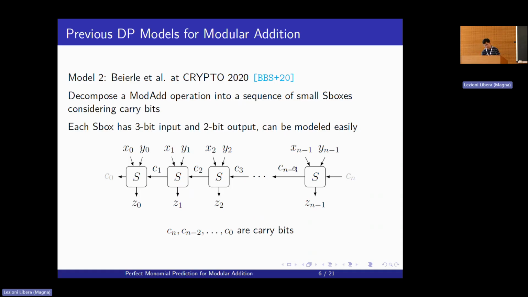And the output is another carry bit, and also the real output of the modular addition. Because this is a 3-bit input and 2-bit output S-box, it's very small, so we can apply the propagation rules for the S-box to these small functions. Then connecting them together, we get the propagation rules for the whole modular addition.